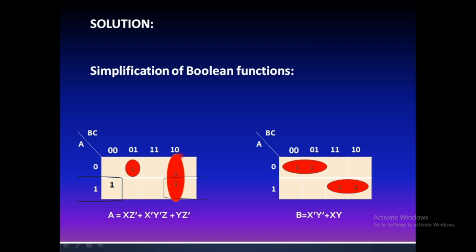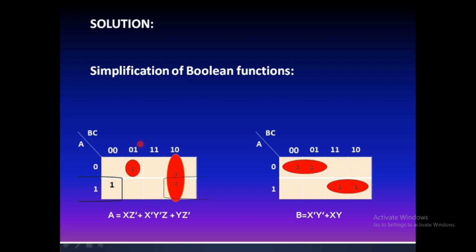So my expression is A equals x z bar plus x bar y bar z plus y z bar. This x bar y bar z is the term belonging to the isolated one.